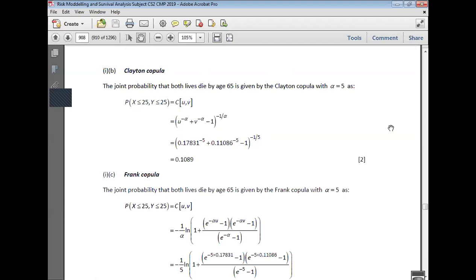Are we looking at the lower tail dependency or the upper tail dependency? What do you guys think?